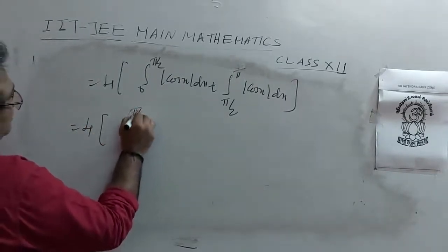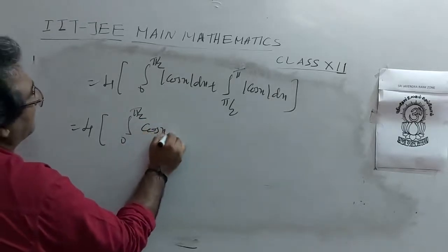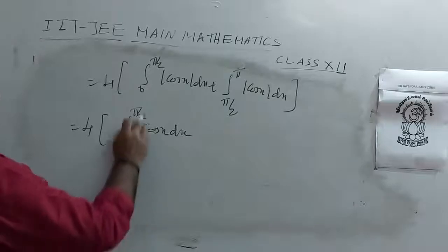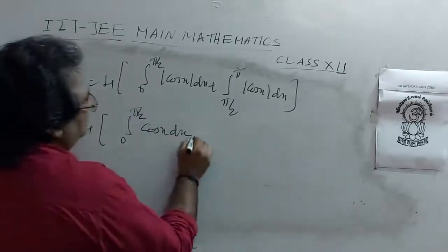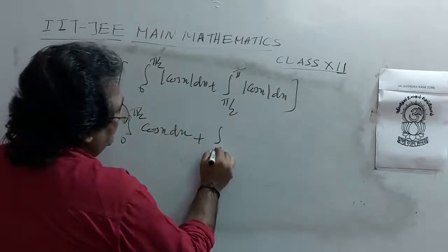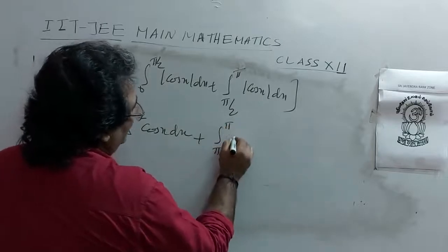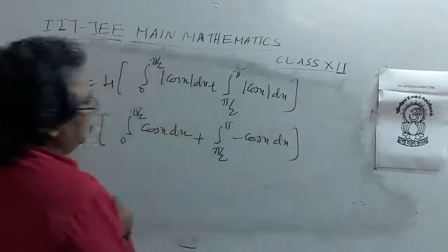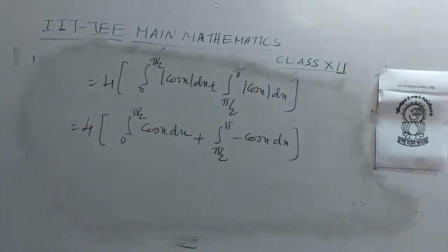So integral 0 to pi by 2 cos x dx, in the first quadrant cos will be positive, plus integral pi by 2 to pi of minus cos x dx, in the second quadrant cos will be negative.